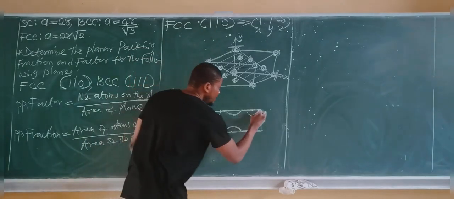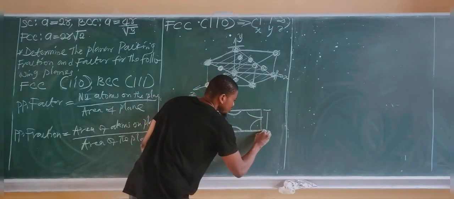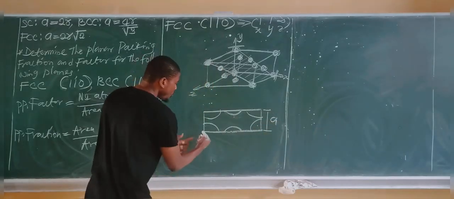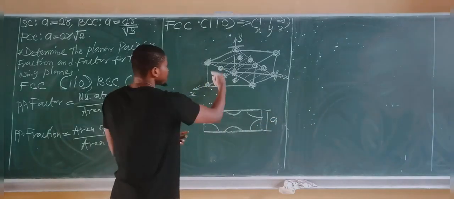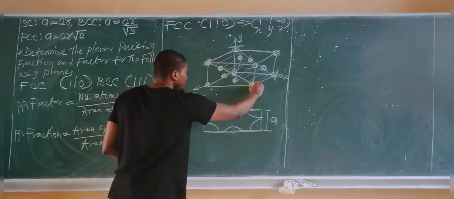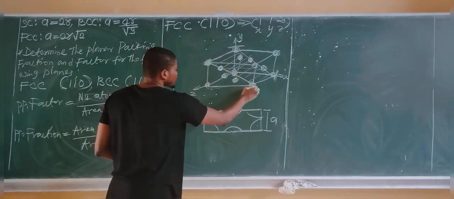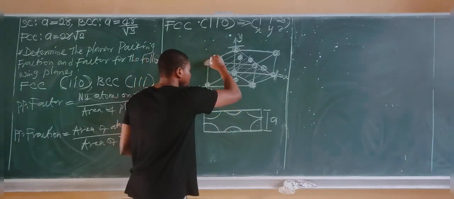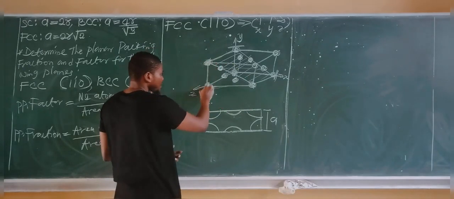Not forgetting, the distance between two atoms is called the lattice constant A. But what then is this distance? If you take a look at this shape, it is triangular. This distance becomes the hypotenuse of this triangle.